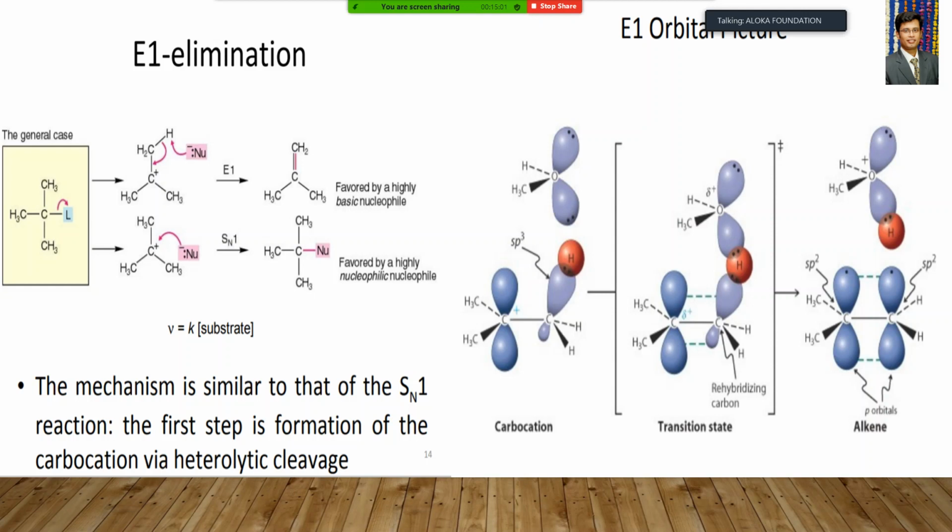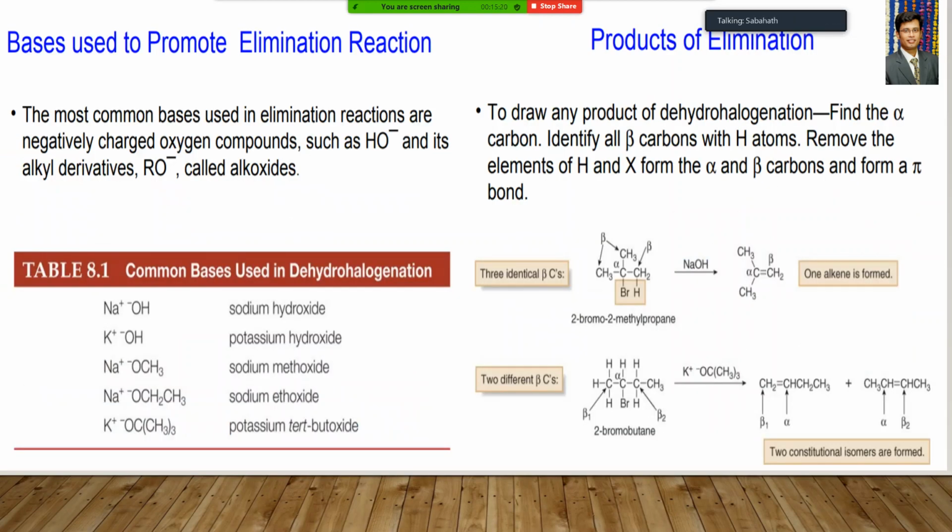So your base abstracts the proton from the transition state and you get a pi bond. This is how an elimination reaction occurs in the case of E1 elimination, an elimination unimolecular reaction. Why? Because it depends upon the concentration of the substrate only.